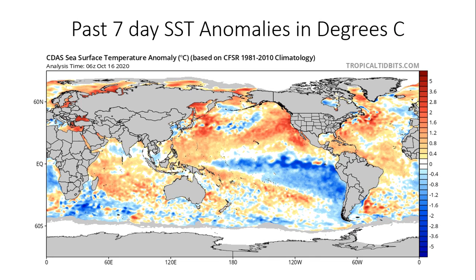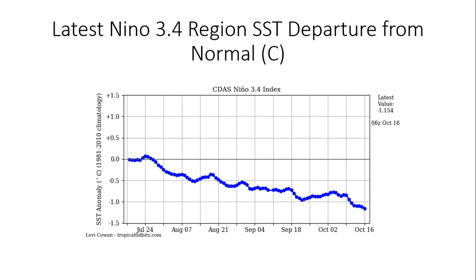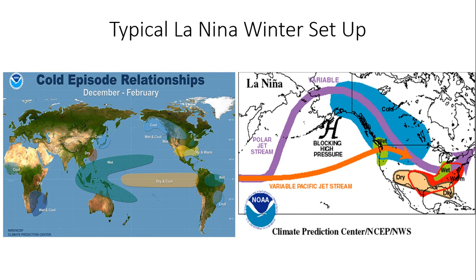The blue shading in this particular graphic shows the below normal water temperatures in that Nino 3.4 region. There is your actual running sea surface temperature departure from normal based against climatology, below 1 degree Celsius below normal, colder than normal right now in that area as of the 16th of October.